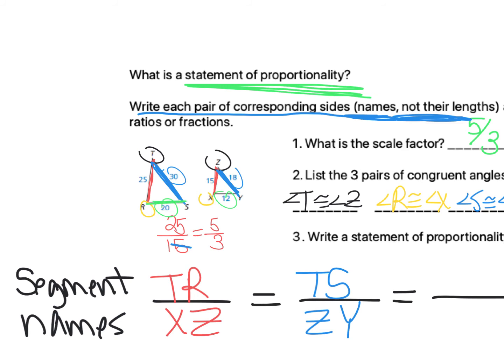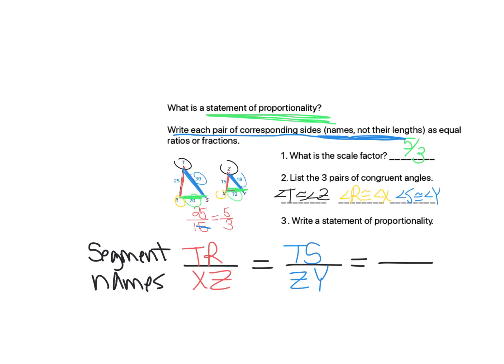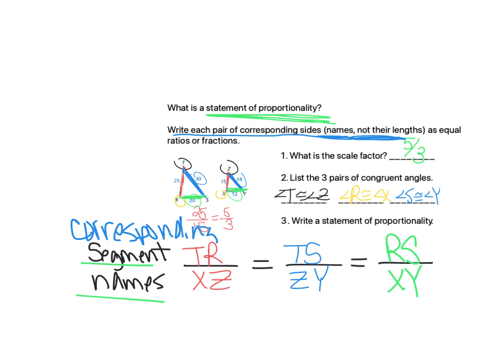And then my bottom one here is RS and XY. So that's going to be my third. Again, they are segment names, and they are just corresponding from one to the other. And since there are 3 sides, there will be 3 fractions in that statement of proportionality.